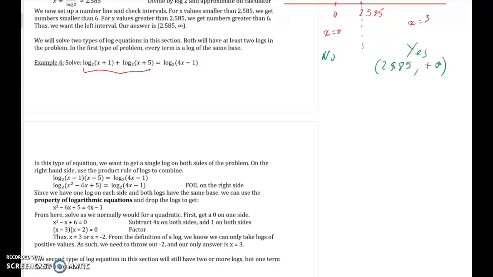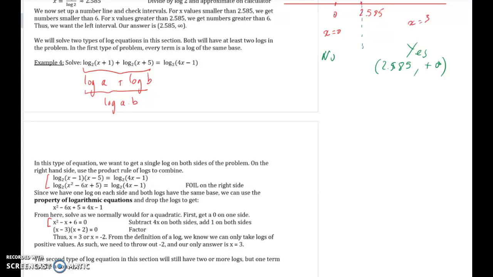For the left side, right there we have log, whatever the base, of A plus log, whatever the base, of B, and we know that it is equal to log of A multiplied by B. Therefore, in your case, we have log base 2 of x minus 1 times x minus 5. We're distributing, FOIL, x minus 1, x minus 5. And now we can set x squared minus 6x plus 5 equal to 4x minus 1.